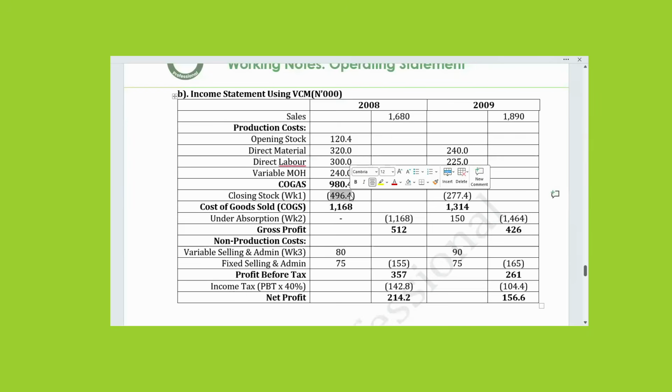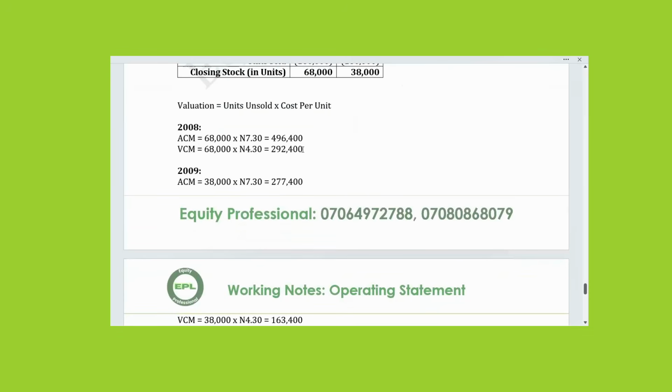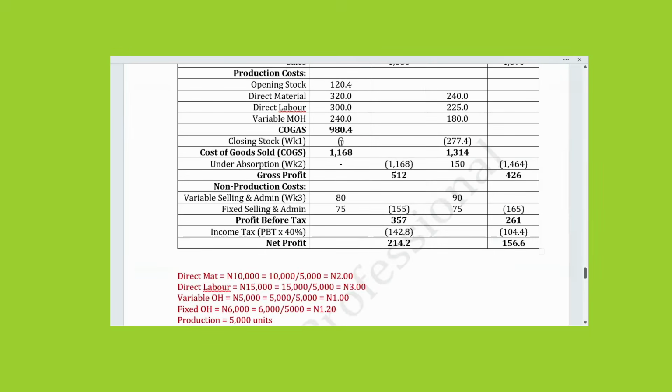We then go ahead, and we've already calculated our closing stock under variable costing method. In 2008, closing stock is 292,400. So I will come here, 292.4. What's the difference? 980.4 minus 292.4. 688.